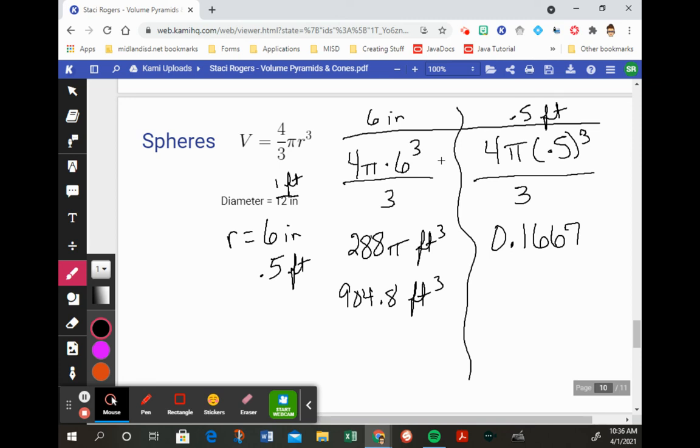Oh, this is in feet. That's in inches. Feet. This is 0.52 square feet, or cubic feet.